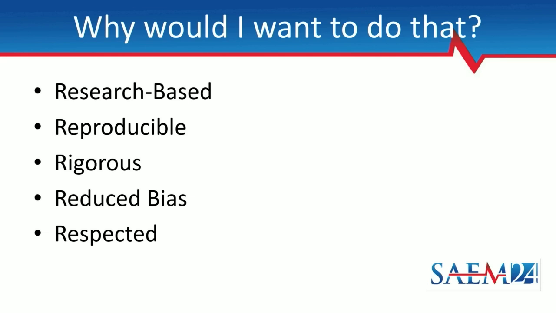But it's not rigorous. It's certainly not reproducible, I would argue. In fact, if you went to the same author 10 years later and said, write that paper again, they would write a whole different paper, right? So that's one of the disadvantages of those kinds of reviews: it's really dependent on who's writing it and when they're writing it, versus something like a systematic review where it's research-based, systematic, reproducible.